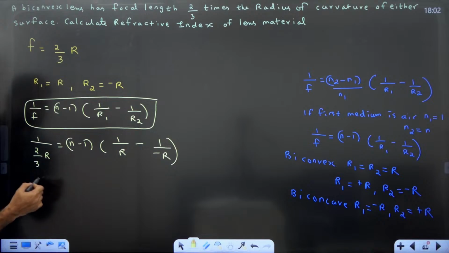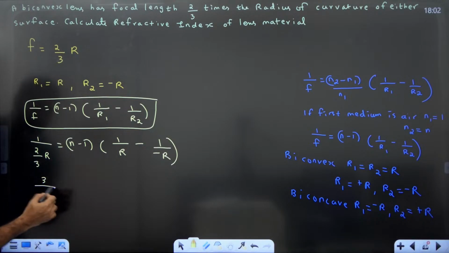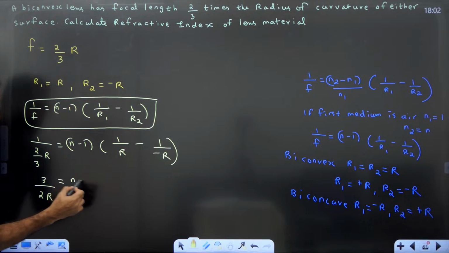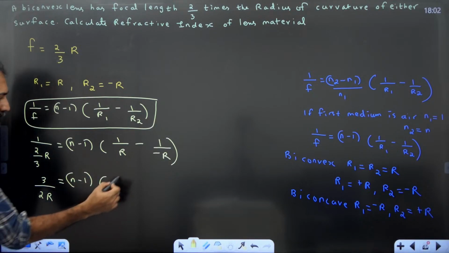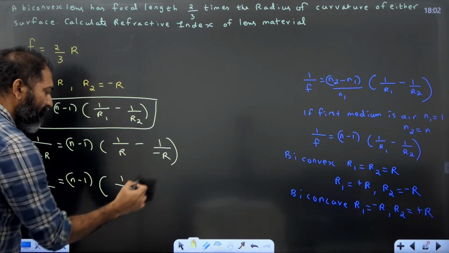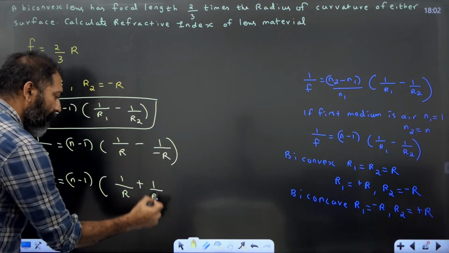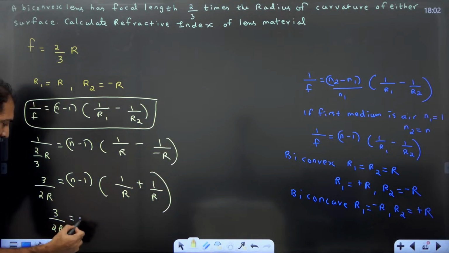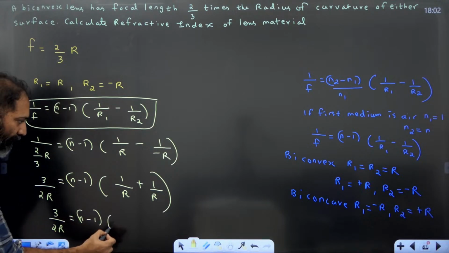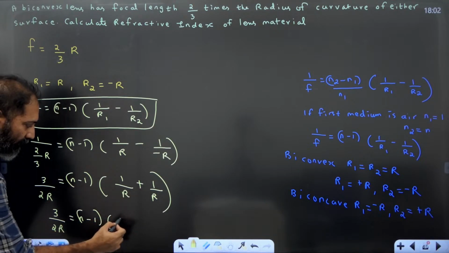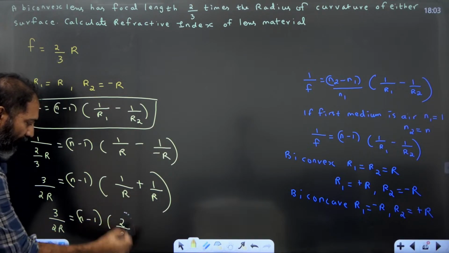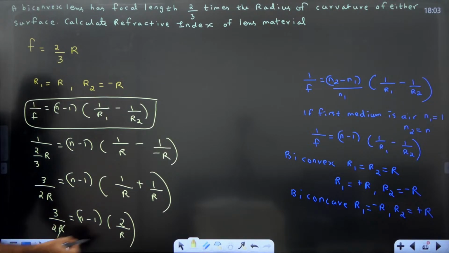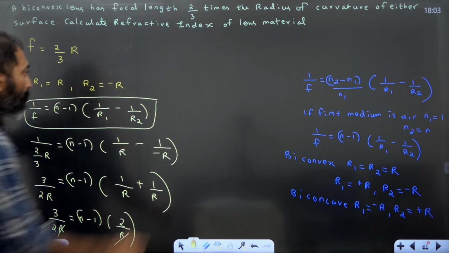So 2/3r goes to the numerator, it becomes 1/(2/3r), which is 3/2r, equal to n minus 1 into 1/r, minus minus becomes plus 1/r. So 3/2r is equal to n minus 1 into 2/r. Both sides we have r, so r is gone.